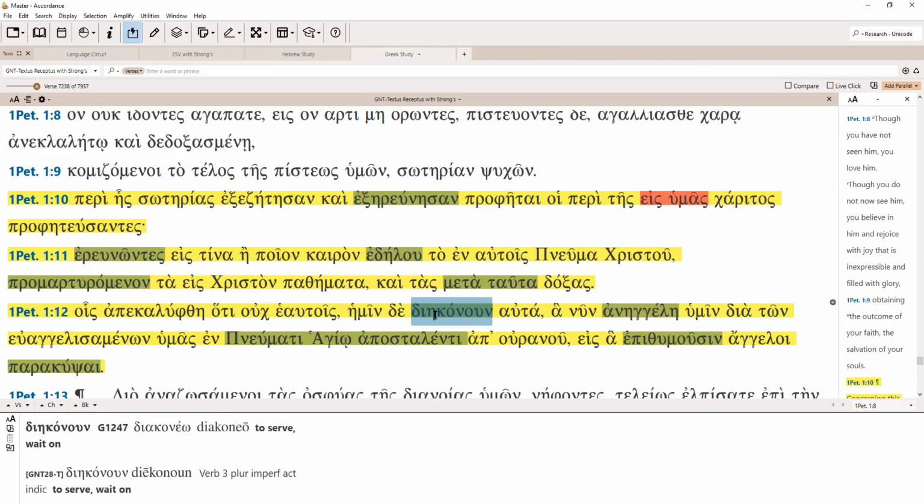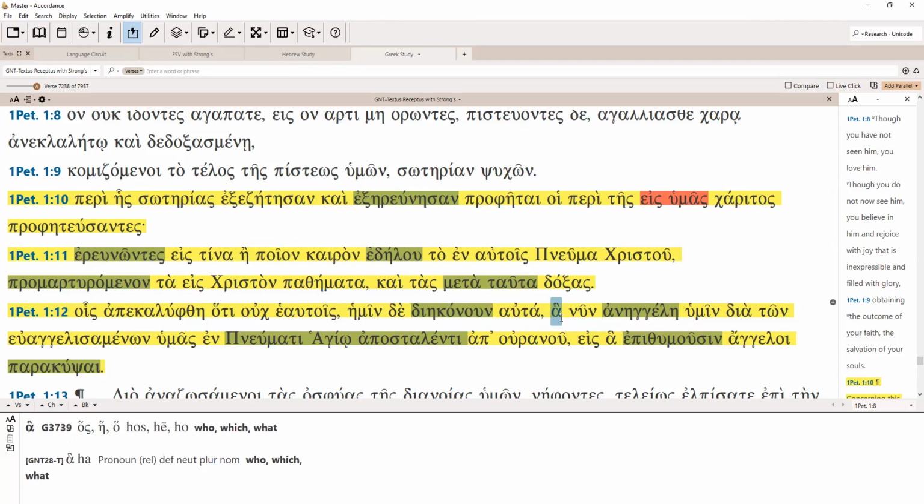So they found out, which is revealed to them, that not for themselves, but for us, they were serving all these things.